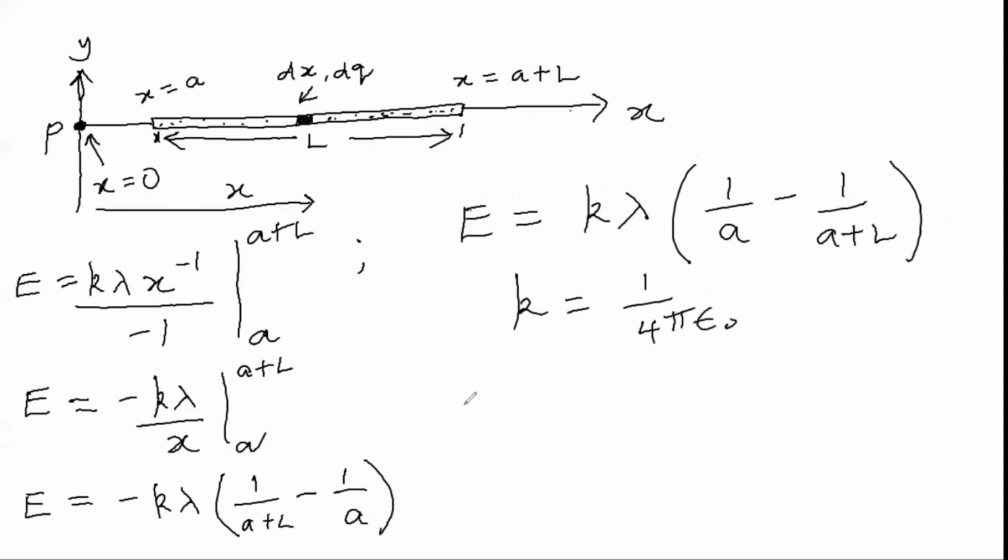I then come to my final expression where I have this lambda. Maybe before I write the final expression, let me do something else. I know K is equal to that. And what is this?